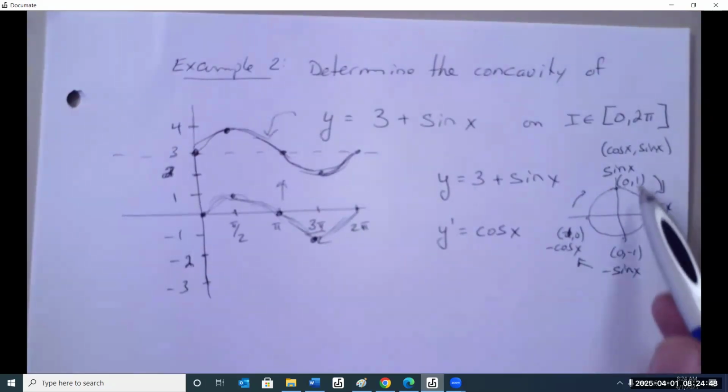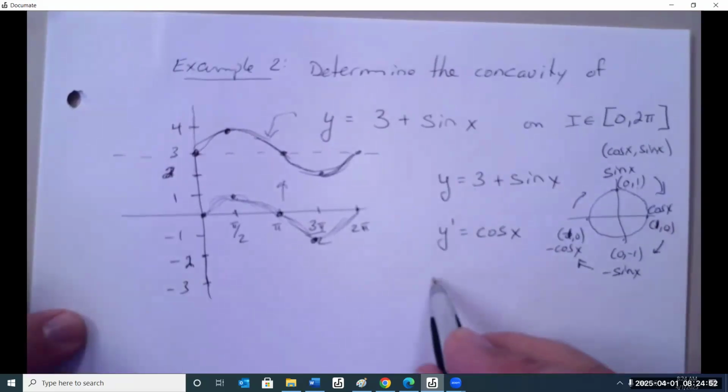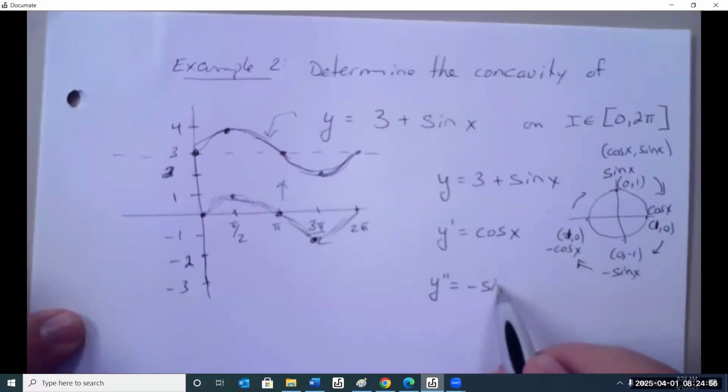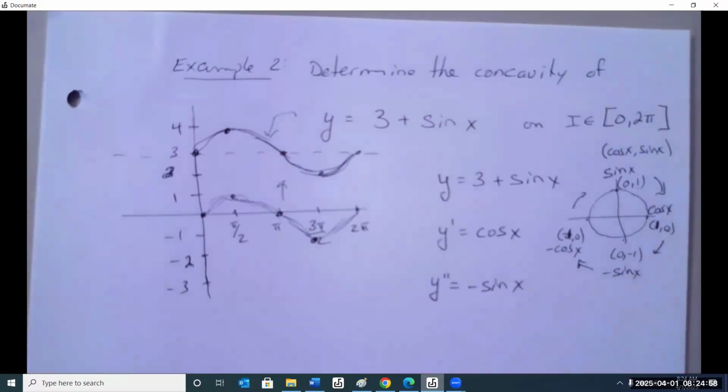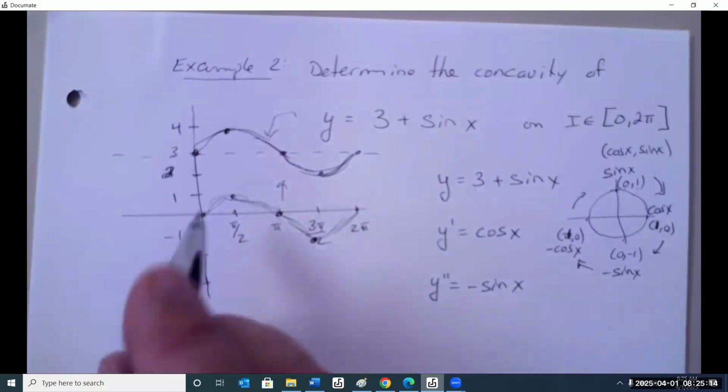The derivative of sine is cosine. So what's the derivative of cosine? Negative sine. That tells us our concavity. So let's look at this.